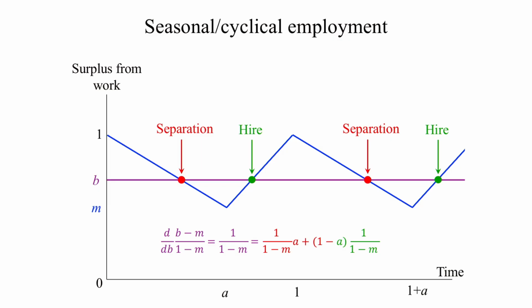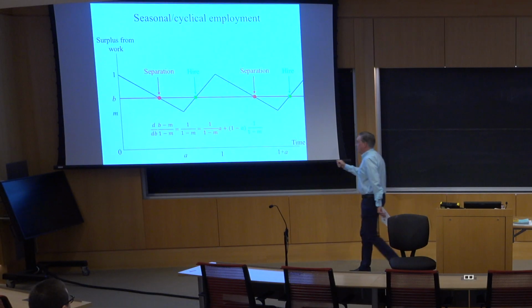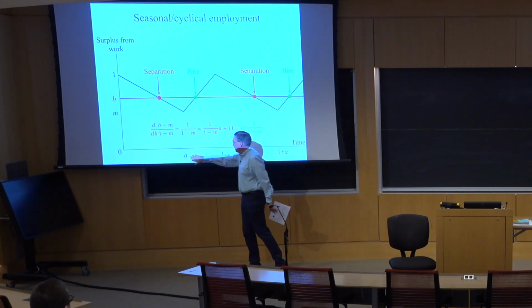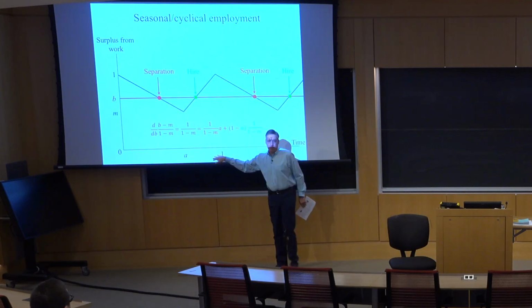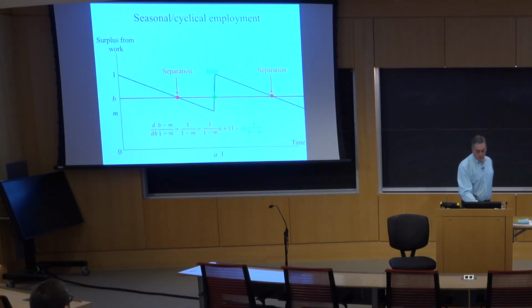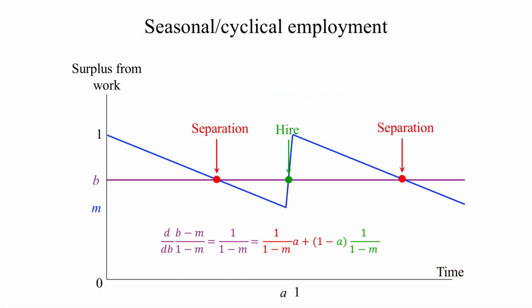Let me show you that comparison. What I'm going to do is compare this cycle to a somewhat different cycle where the A is moved to the right. So that's the next slide. See, we've just moved A to the right. And now, having A move to the right means there's a very short period of time where the surplus to work goes back to its peak.